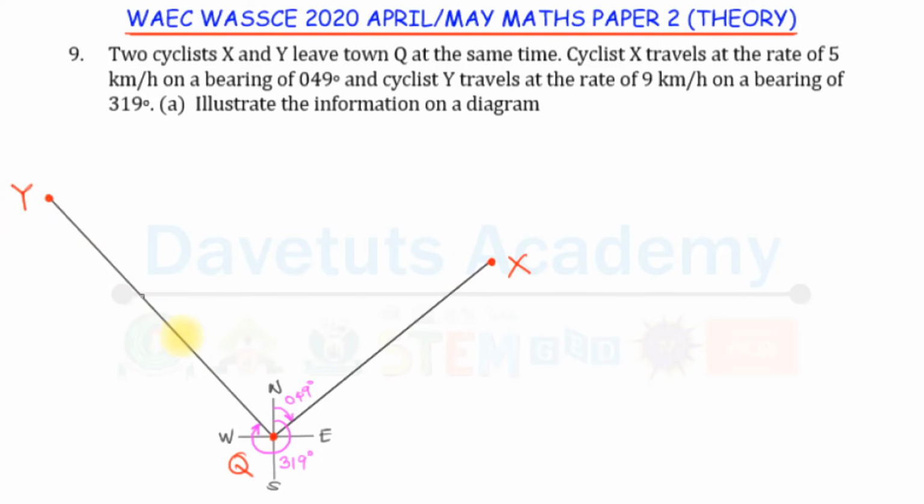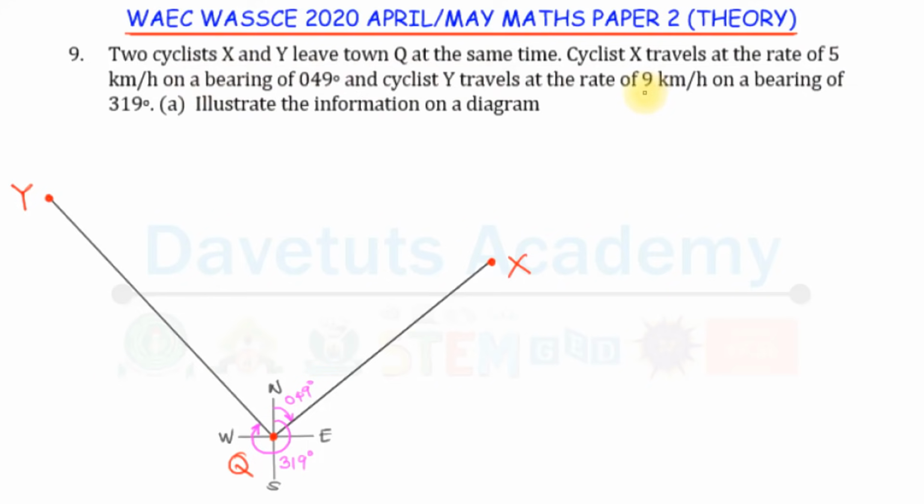Something of interest that I would like us to note, I took this to be longer than X because look at the information that we're given. We are told that the cyclist X travels at the rate of 5 kilometers per hour. So that is 5 kilometers per hour. This is for the X. But the cyclist Y travels at the rate of 9 kilometers per hour. And this is Y. Now, look at 9 kilometers per hour and 5 kilometers per hour.